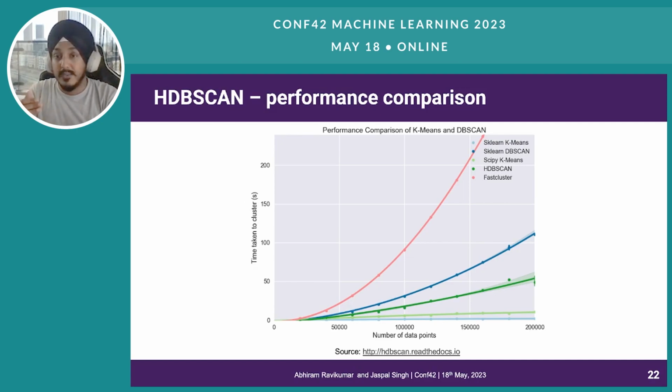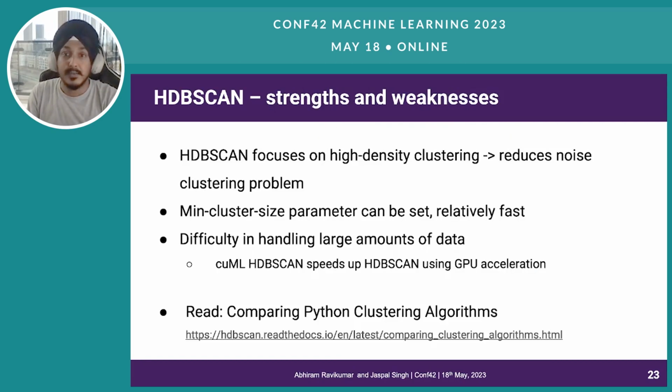Now, as you see, fastcluster is not really that good with a higher set of data points. But DBSCAN is better than that, HDBSCAN even better. And then the last two are k-means. K-means is the fastest, no doubt about it. But it's not really that great at giving you better clusters.